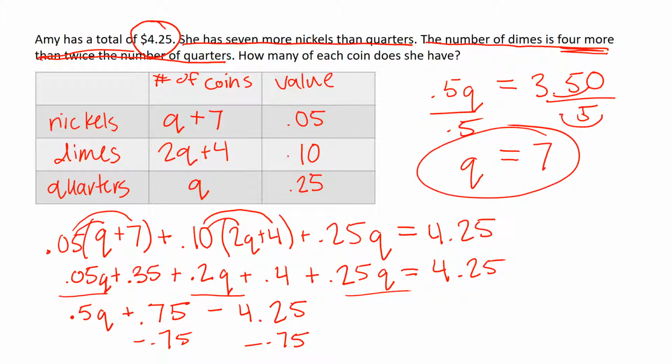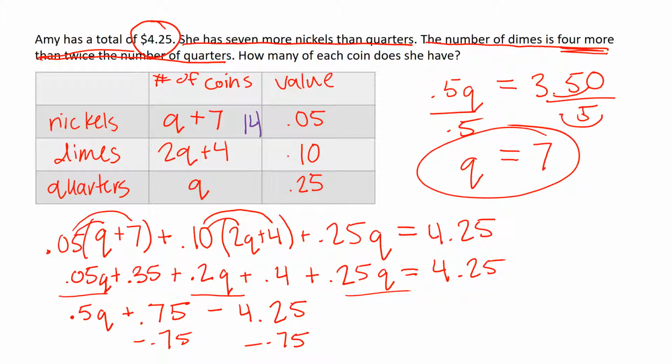So now let's come back to our other numbers of coins, and we can write those using this information that Q equals 7. So for nickels, if we replace Q with 7, we get 7 plus 7, which is equal to 14.